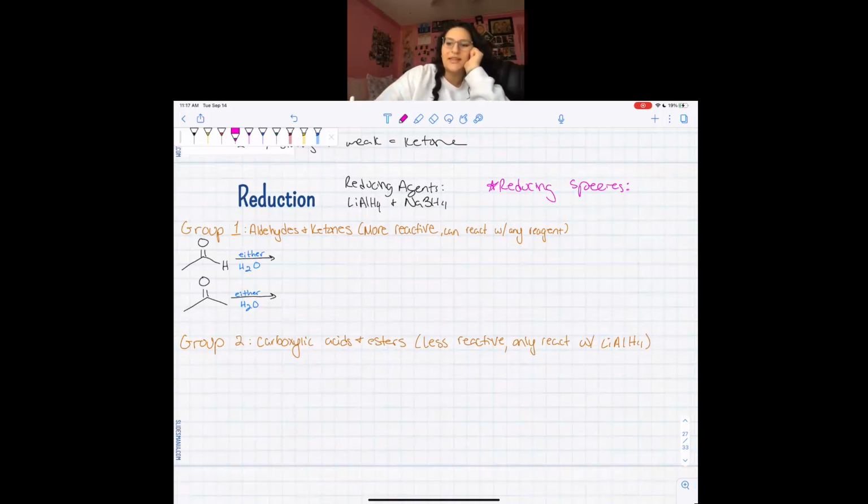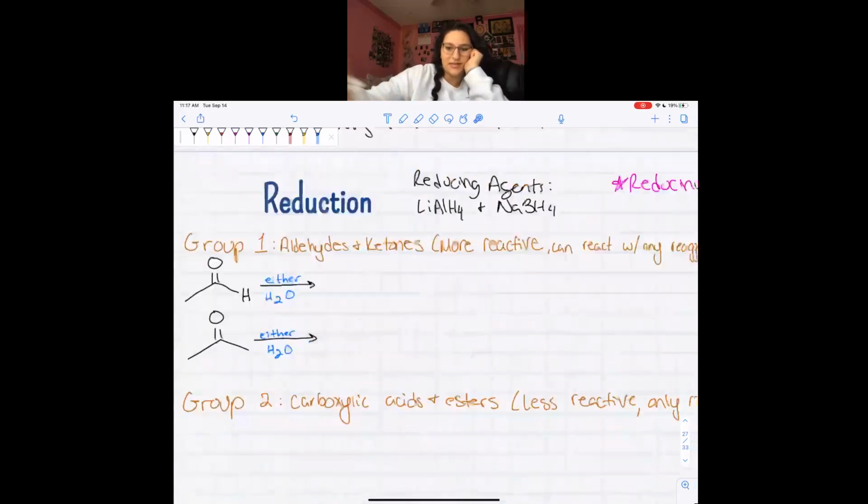The thing that is doing the reducing is H-, and that's because this is what's actually attacking the carbonyl carbon and reducing it. I'll give you a second to write that down if you need to.